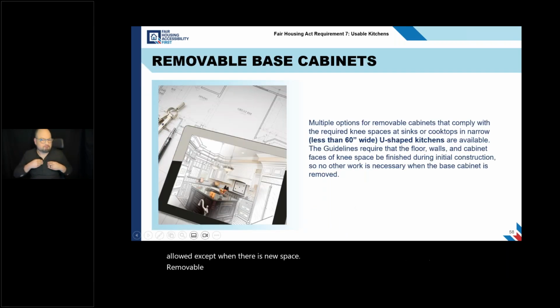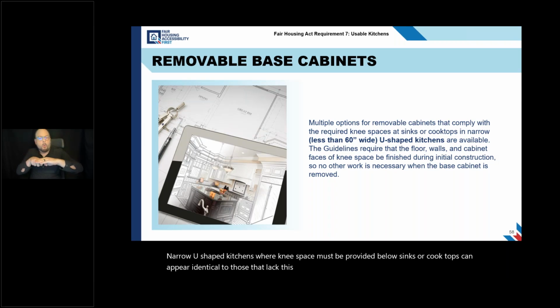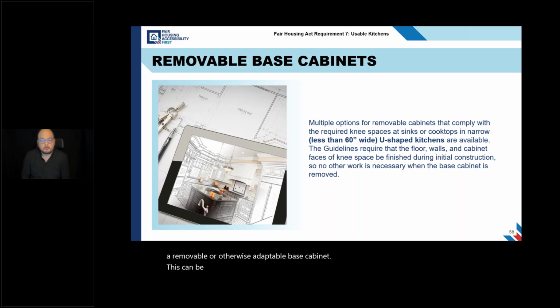Removable cabinets. Narrow U-shaped kitchens where knee space must be provided below sinks or cooktops can appear identical to those that lack this additional feature, since knee space can be concealed by a removable or otherwise adaptable base cabinet. This can be beneficial when a potential resident or owner needs knee space, since it can be provided quickly and easily.